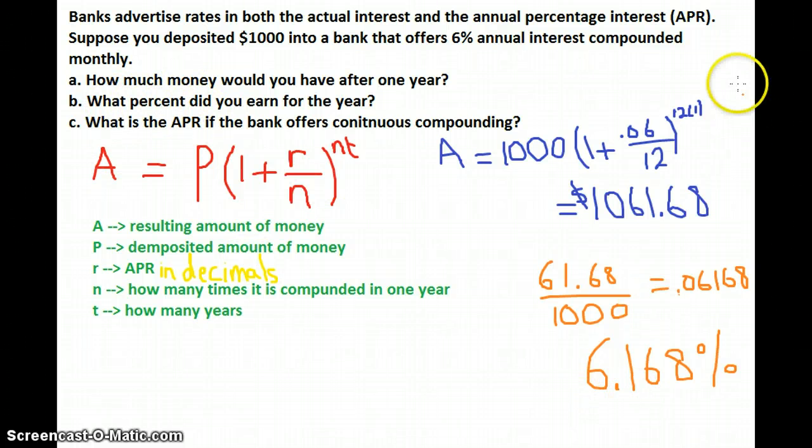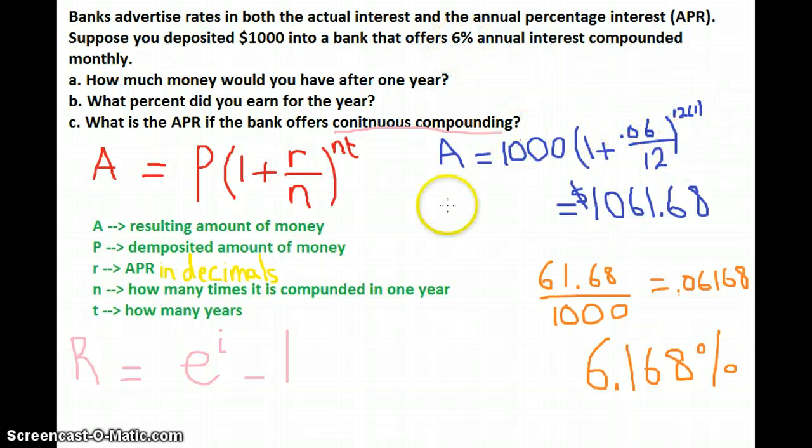Now for C, you need to know something else, which I'm going to give you to make it easy. What is the APR if the bank offers continuous compounding? So once you see continuous compounding right here, and you want to calculate the APR, there is a formula for that, and this formula is right here. To calculate the APR, or the rate for continuous compounding, you do e, which is in your calculator, power I. I is the interest that was given to you, right there, 0.06.